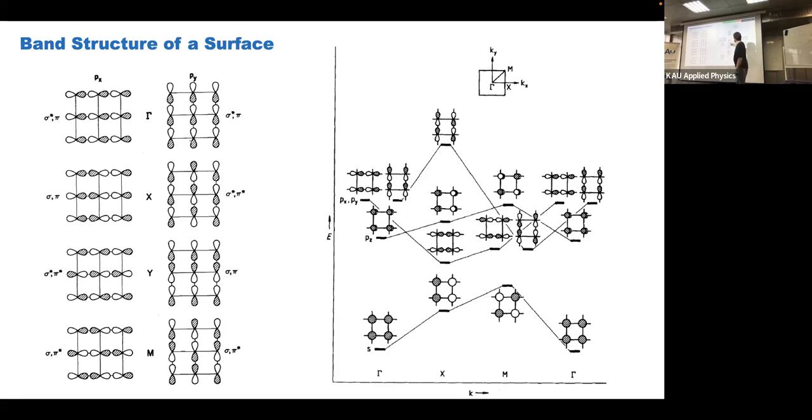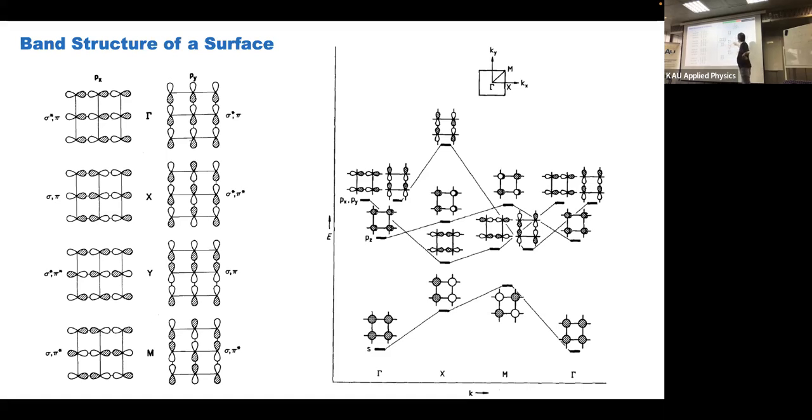Then we are going to x. It will have higher energy than gamma. So inside it will have high energy. In M we have even higher energy, and then we go back to this pz thing.